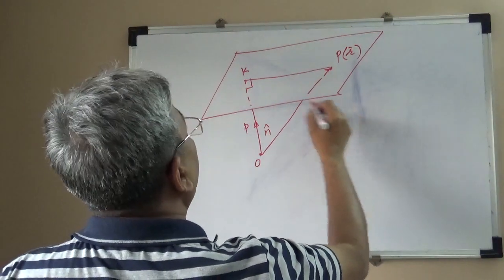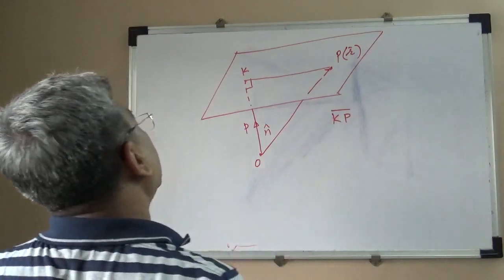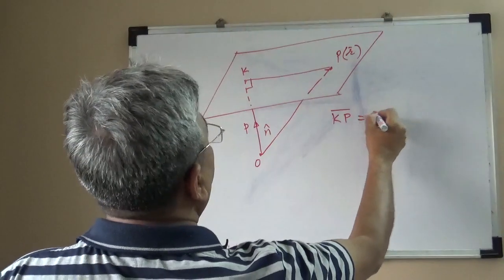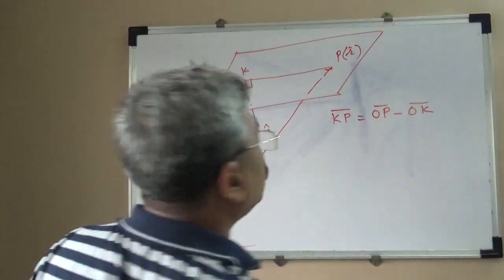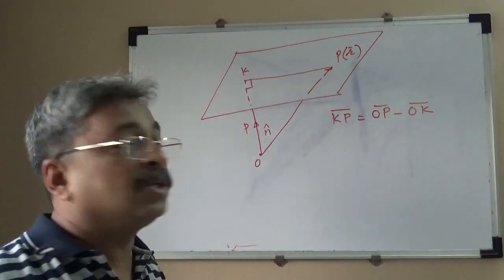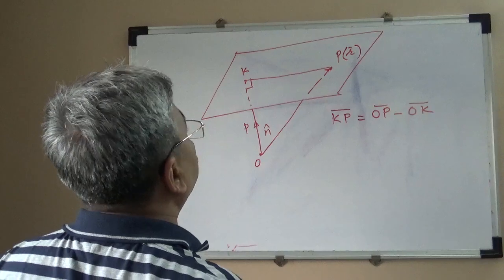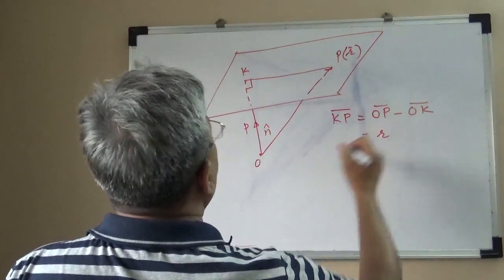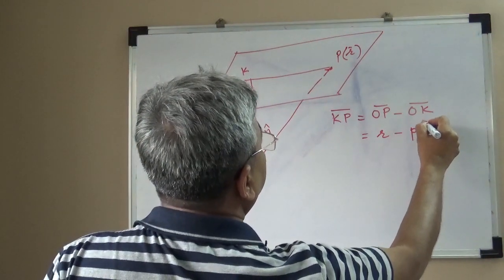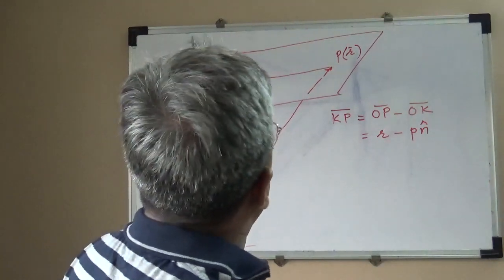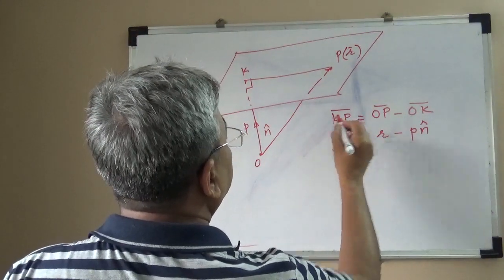Vector KP is equal to OP minus OK. This we know. Vector KP is OP minus OK, and KP is going to be perpendicular. So what is OP? OP is R, and OK is P times the unit vector n cap.